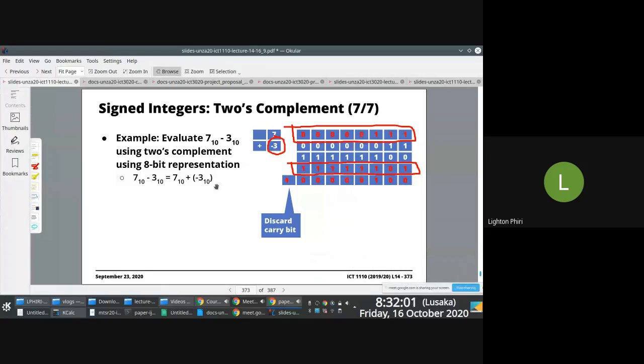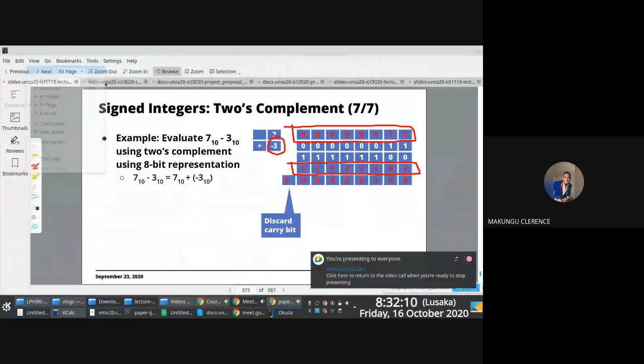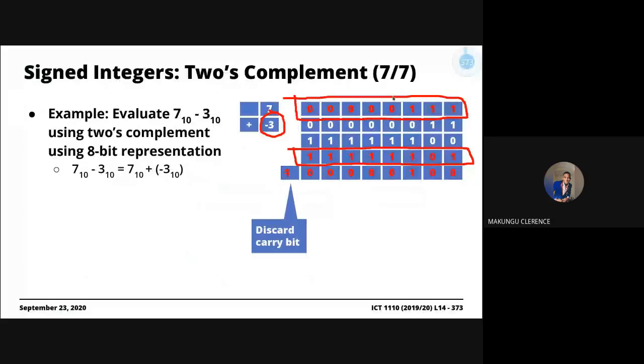Yes. When you're using 1's complement, what do we do? We add the bits. Beautiful. So when you're using 1's complement, you compensate: when you have a carry bit, you add it to the least significant bit, the rightmost bit.